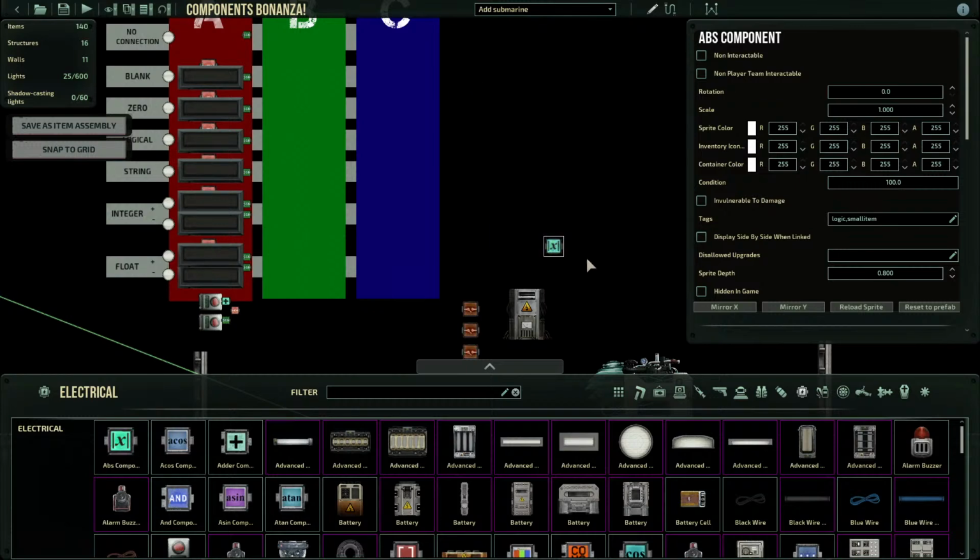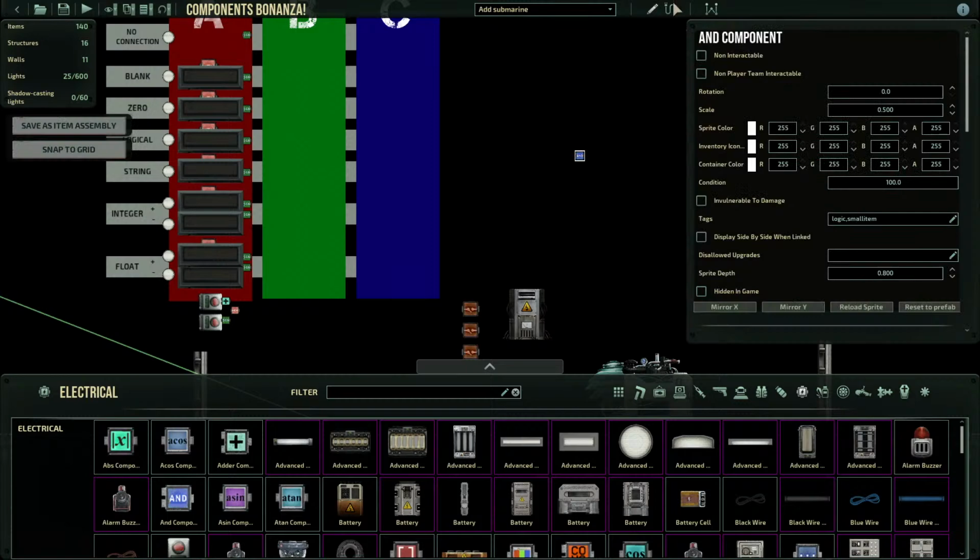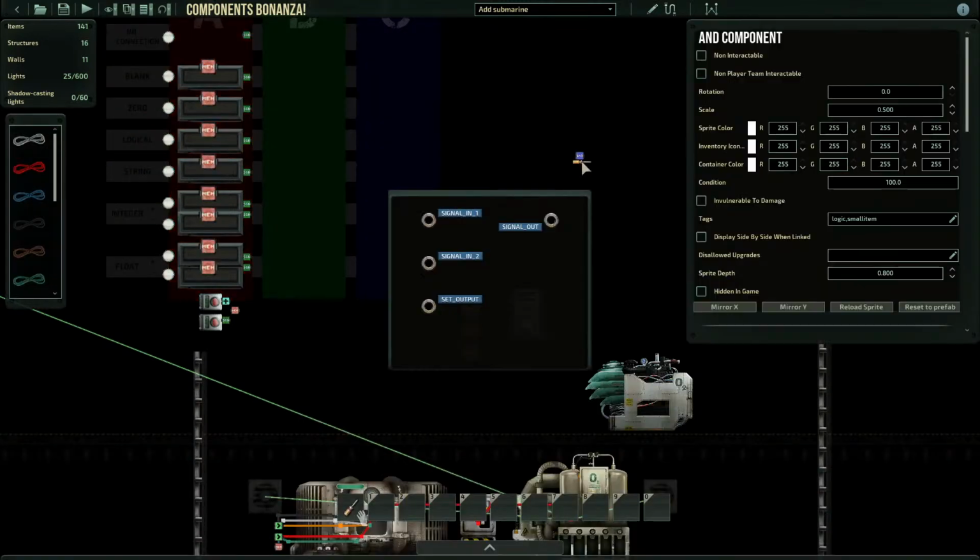So there are numeric inputs, there's logical inputs, and there's string inputs, and there's what I call universal inputs. Universal inputs are just copied from the inputs to the outputs. For example, if you look at an AND component here, you have two logical inputs, and you have a universal input, and then you have a universal output.